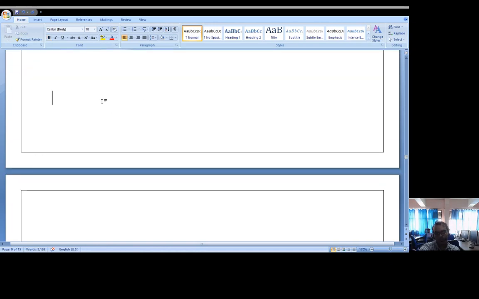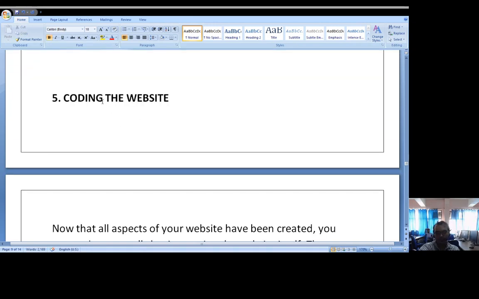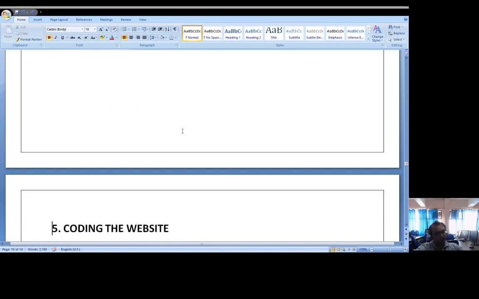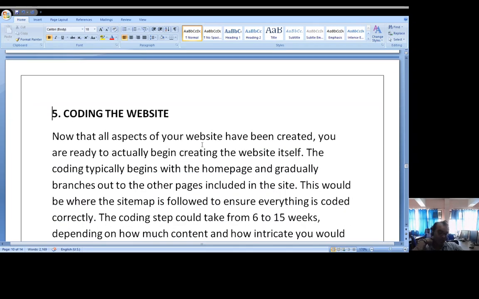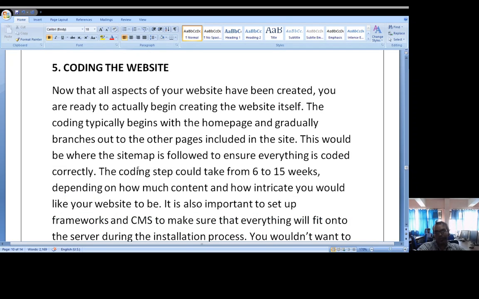So before going for the further step, after layout, the writing is the most important part. If layout is giving a character, this written part will give the body to the website. Now let's move on. Coding is the inner life of the website, because this is going to implement all the R&D we have done.